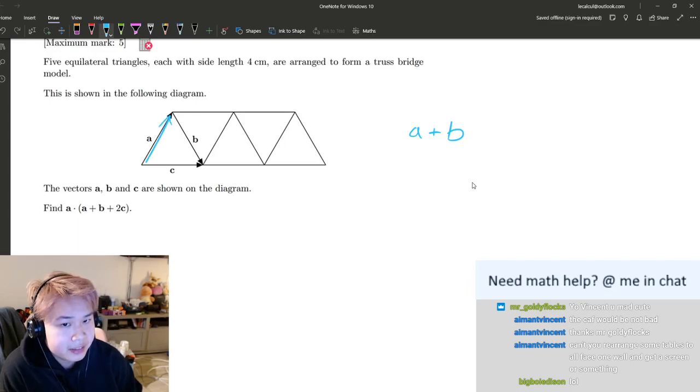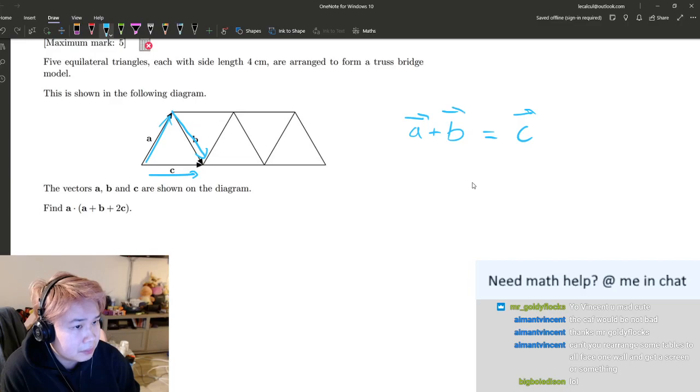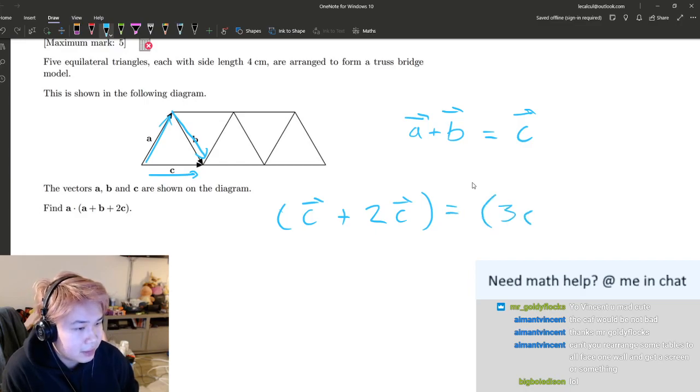Here's A, and then we add to it B, which has a resultant vector of C. So A plus B is actually C. So in that bracket, we actually have C plus 2C, which of course is 3C.